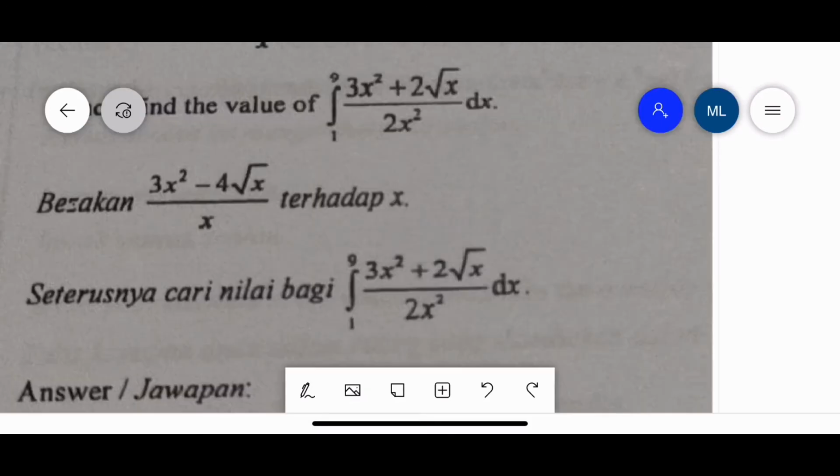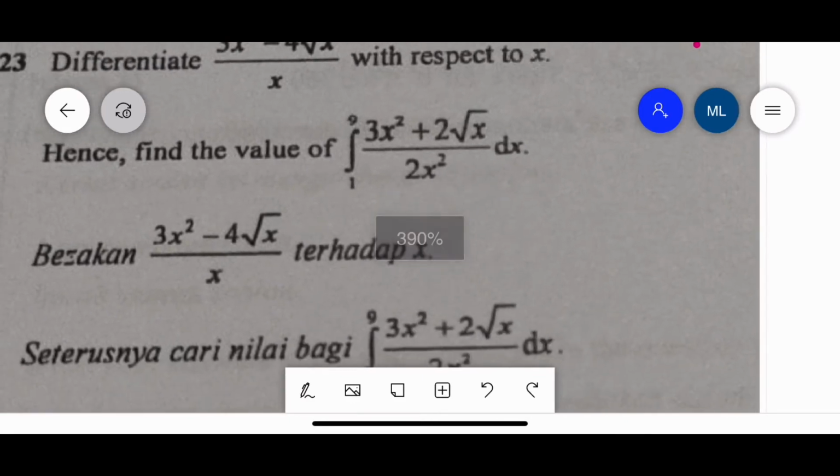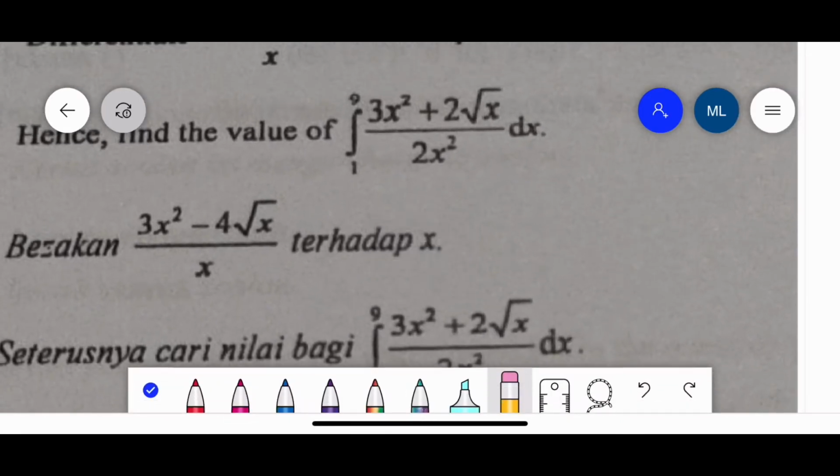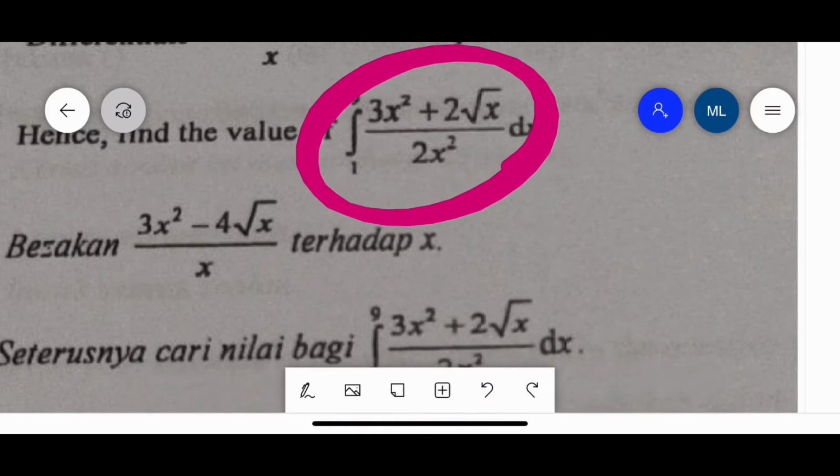So I'm going to modify the dy/dx so that it will be almost the same with the one given in the question. You see, the question is given you integrate 3x squared plus 2 square root x over 2x squared, right? Can you see that? Okay, so when we integrate the dy/dx, we get y. So I must make sure the function I integrate is actually a dy/dx.